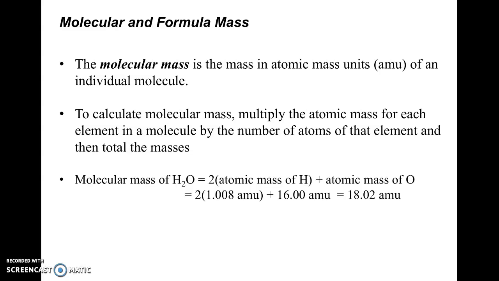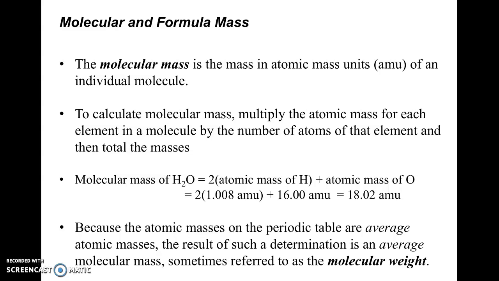So for water, you would take 2 times the atomic mass of hydrogen plus the atomic mass of oxygen. So it's 2 times 1.008 AMU plus 16 AMU is 18.02 AMU, and that's correct significant figures. Because we were adding, we can only have 2 decimal places.